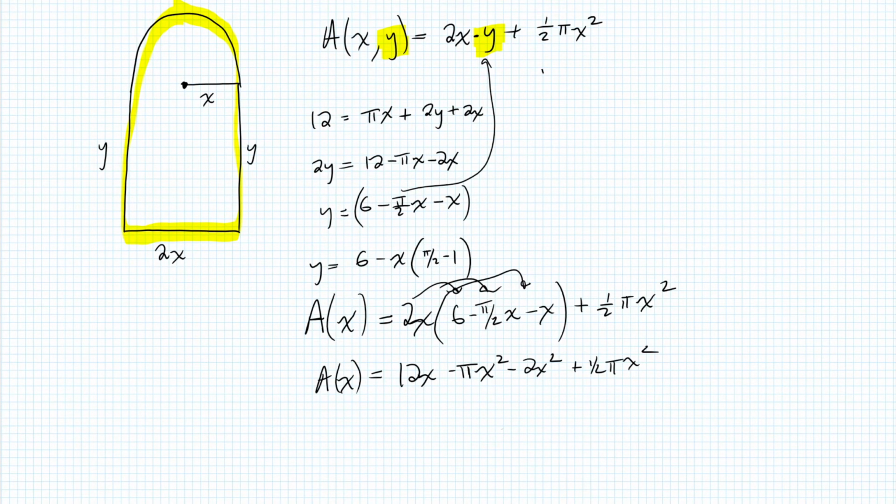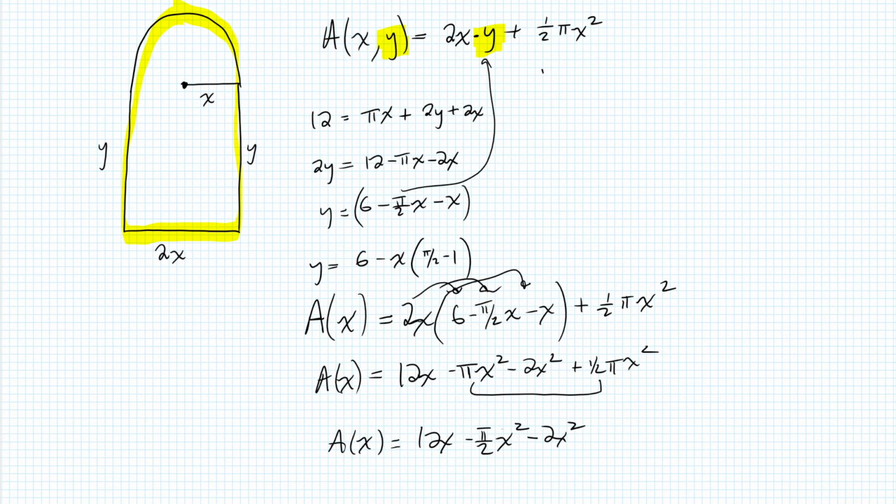And I have terms that I can combine, these two, so I get area as a function of x is equal to 12x minus pi over 2 x squared minus 2x squared. And that's the one that I'm going to put into Desmos.